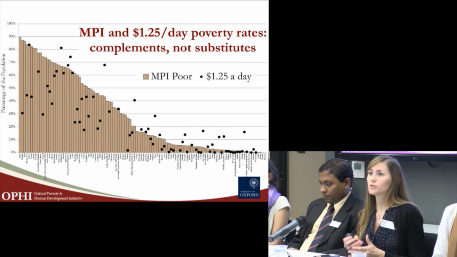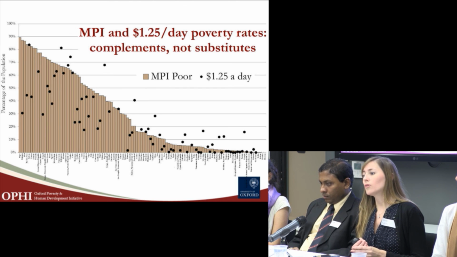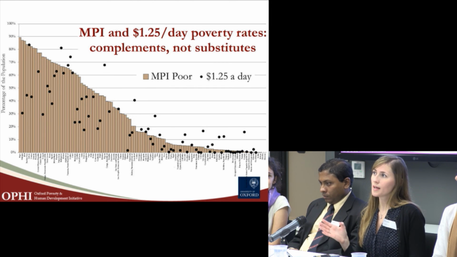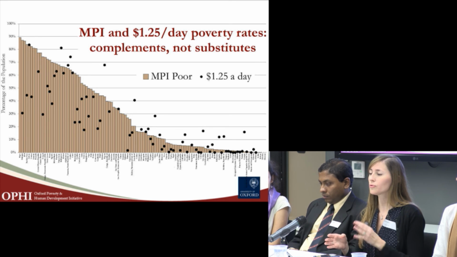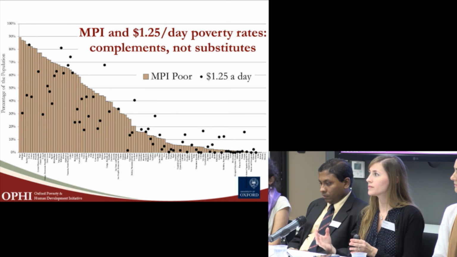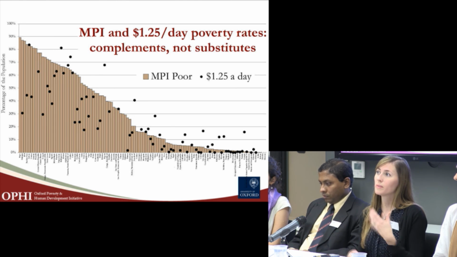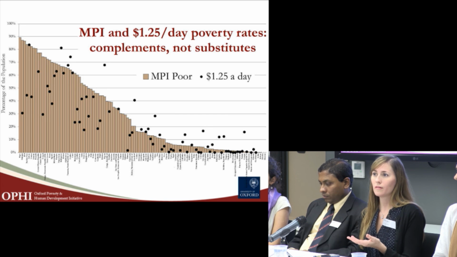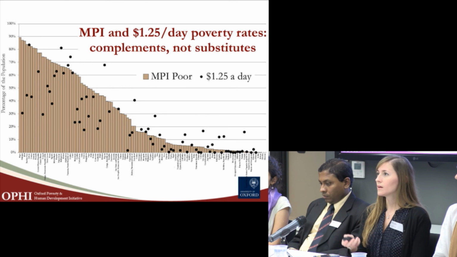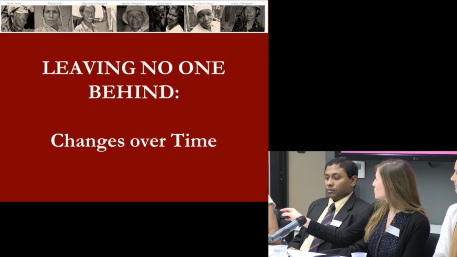Here we are only using income poverty data for those countries that have this information available for 3 years prior or after the survey that we use for the MPI computations, to be able to provide appropriate comparisons. But basically what we can see from this figure is that these two measures complement each other, that they are in no way substitutes. So now I'm going to pass to Anna for changes over time.